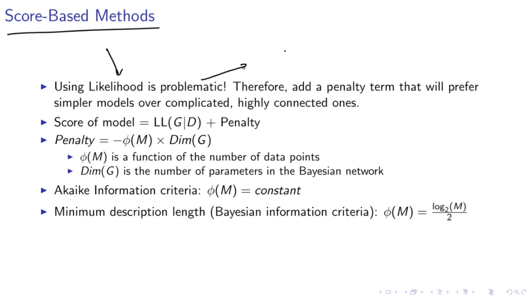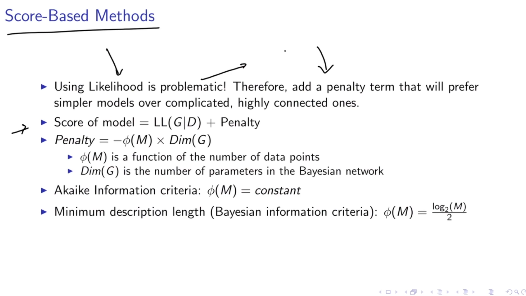In order to circumvent this problem, we will add a penalty term such that the penalty term will prefer a simpler model over a more complicated model. What I mean by a simpler model is a sparser model over a denser model.